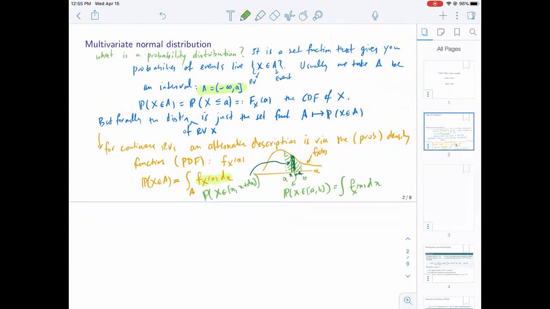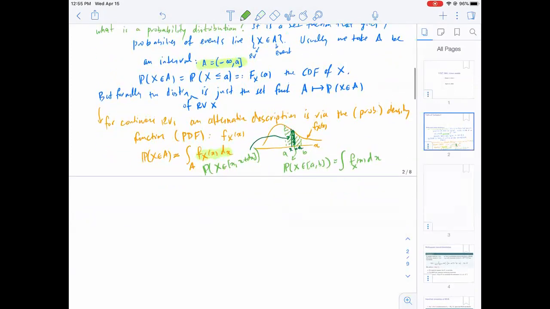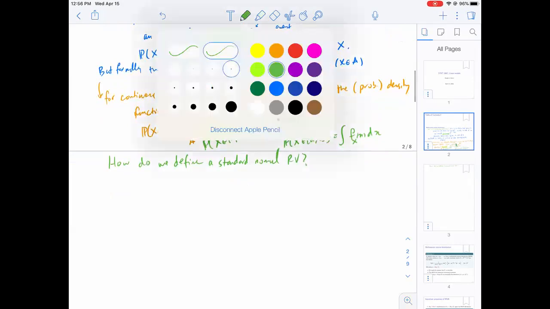So now that we reviewed this, how can you define a standard normal? Isn't it the function where the PDF is 1 over square root of 2 pi sigma e to the x minus mu something over sigma? Yes, exactly.